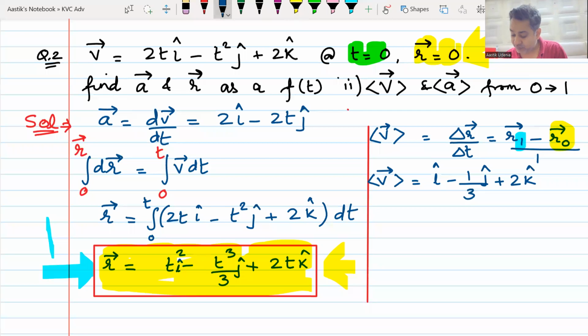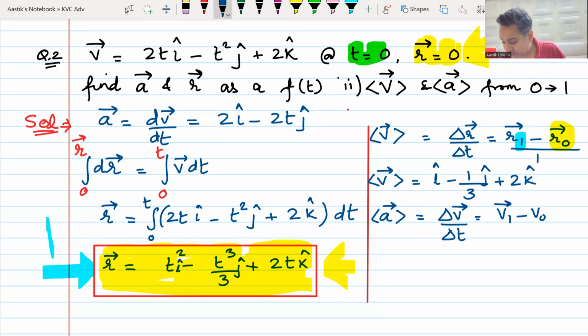Now, can you find out the average acceleration from 0 to 1 second? To find out average acceleration, you have to find out change in velocity and divide it by time. When I talk about change in velocity, it is final velocity at 1 second minus velocity at 0 seconds, divided by time, which is 1 second.